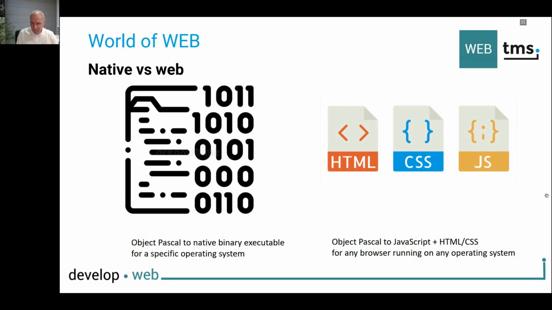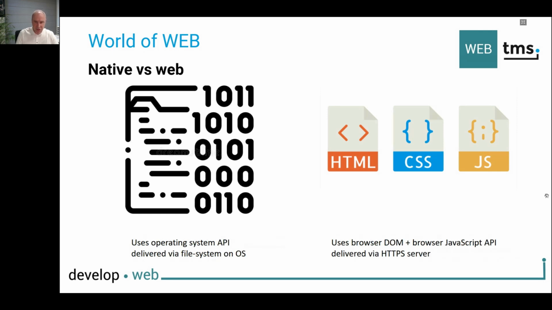So comparing native applications versus web applications, whereas in the native world, the application will do its tasks using the operating system API, using the operating system file system. And in the case of Delphi, that is meanwhile the Windows operating system, but also Mac, Linux, Android, and iOS. In the browser for web applications, our operating system, so to speak, is the browser.